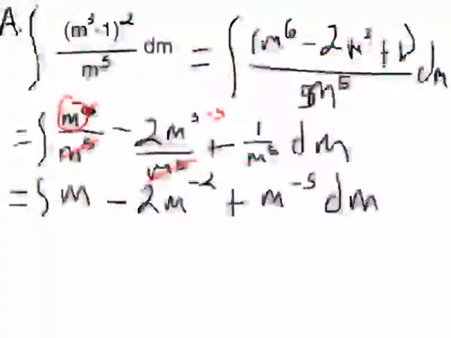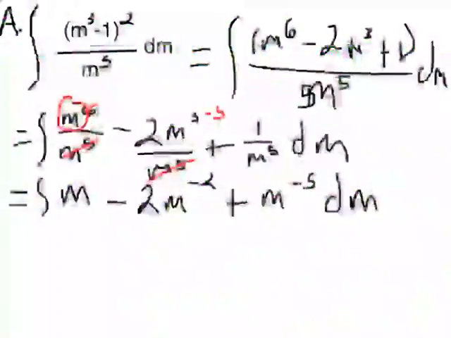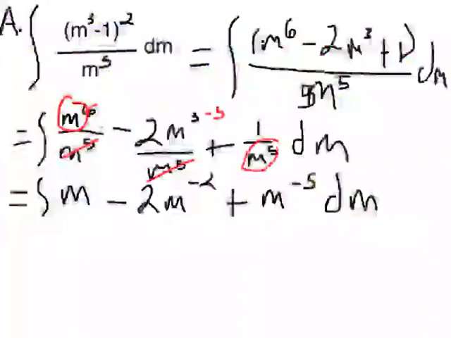We are able to do that last one to the negative 5 because when we have an exponent on the bottom, it becomes a negative. Now we can remove the integral sign because we have moved back.